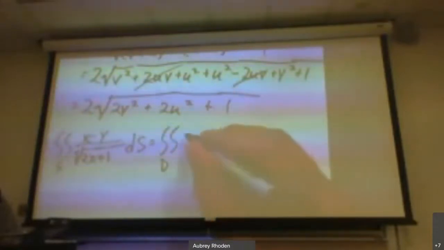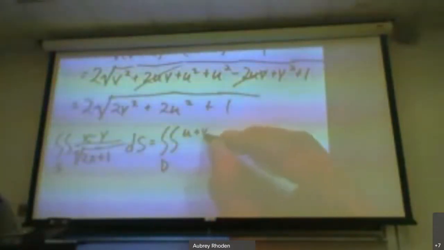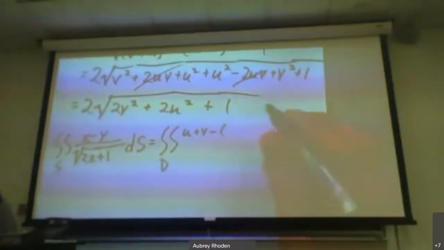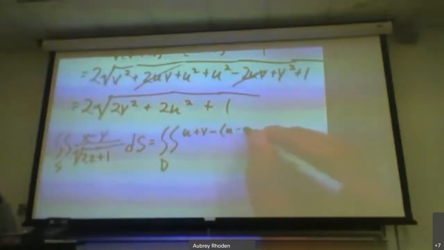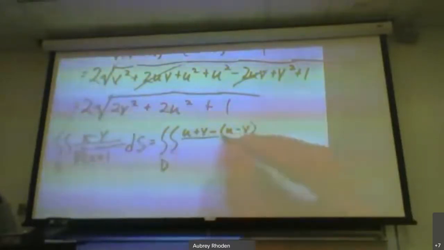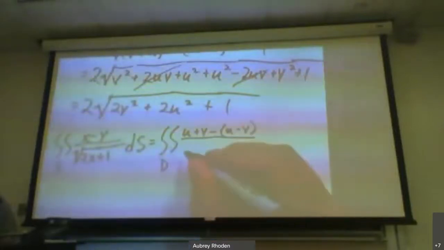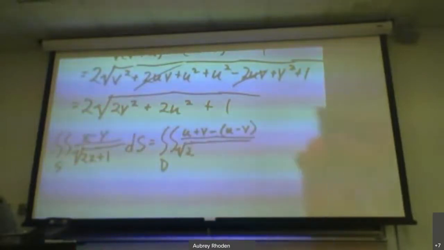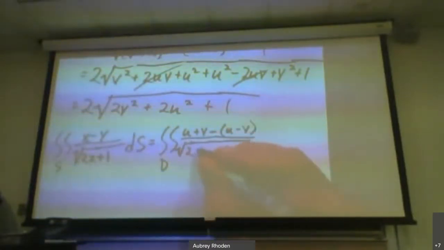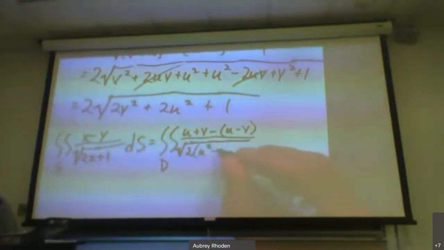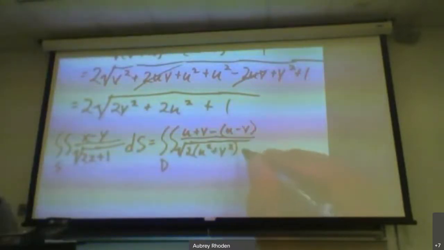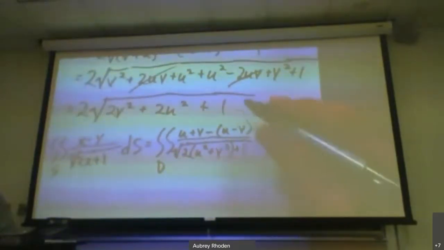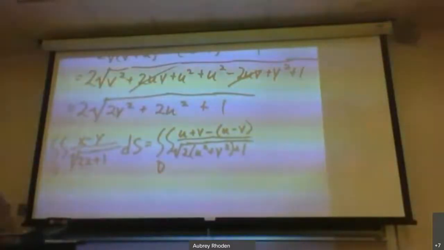And so the x was u plus v, and then minus y would be u minus v divided by the square root of 2, and then our z was u squared plus v squared plus 1, and then multiplied by our RU cross RV, the magnitude of this one.